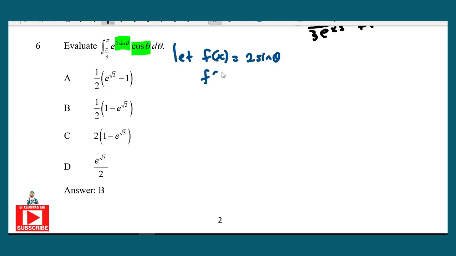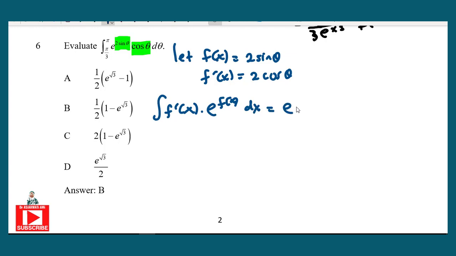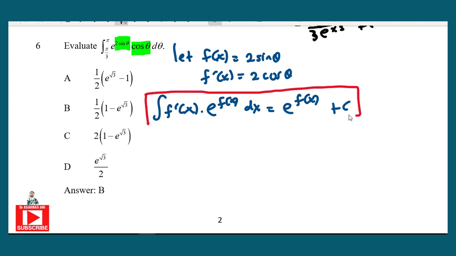Then f prime of x, differentiating f(x), is 2 cos theta. Using the template, the integral of f prime of x times e power f(x) dx is equal to e power f(x) plus c. This is the basic rule of integration for exponents.